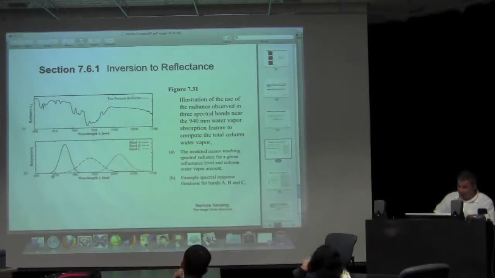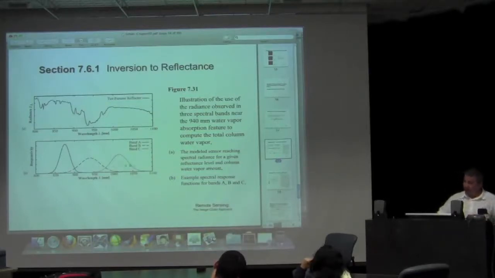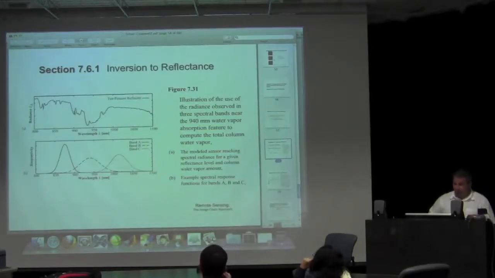Let's imagine that we have a hyperspectral sensor, and these are sensor response functions for 3 adjacent detectors. One is about 50 nanometers wide, this one another 50 nanometers wide if you go full width at half max, and the same thing here. So 3 adjacent 50 nanometer wide sensors. This is a fairly coarse resolution. You would integrate the signal from about right here to about right here, modified by this Gaussian shaped spectral response function.